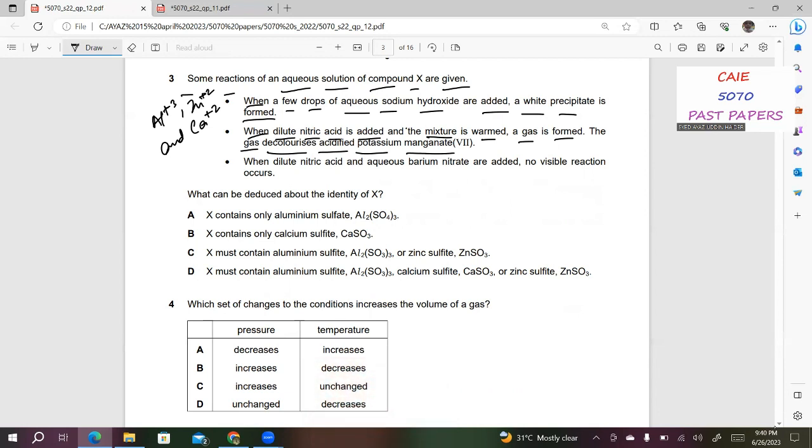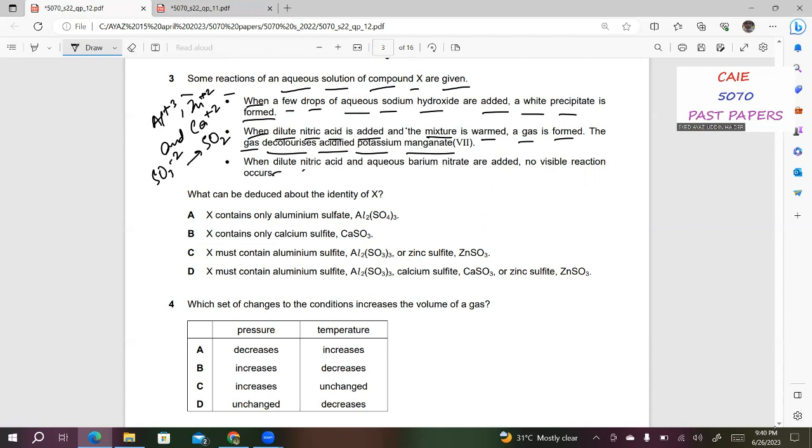So this is a test for the sulfite ion, because sulfite ion decolorizes acidified potassium manganate. If the salt of the sulfite ion, SO3 2-, is warmed with acid, it will produce SO2 gas. So SO2 gas will be oxidized by potassium manganate. So we may have SO3 2-.